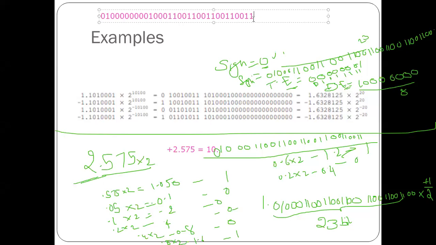Yes, ma'am. So now the reverse: if you are given a number like this, what is its corresponding decimal number? You need to go by the reverse procedure also. Okay, right?